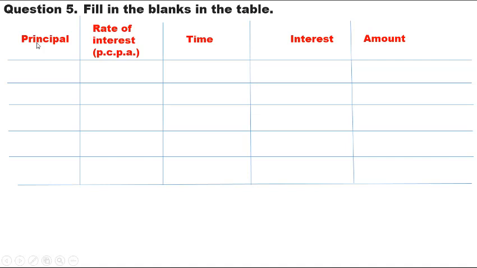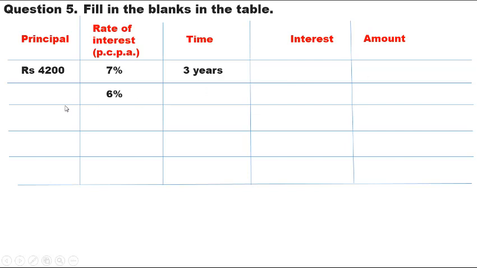Question 5th. Fill in the blanks in the table. Principal, rate of interest, time, total interest, amount. First: 4,200 principal, rate of interest 7%, time is 3 years; we know how to calculate the total interest and the total amount.